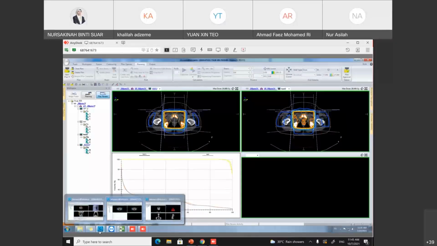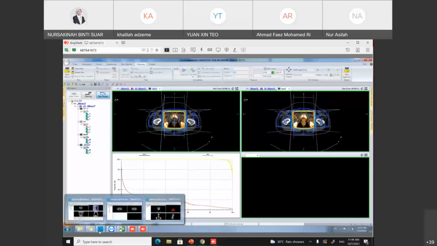It means the effectiveness is still there compared to 2 gray per fraction. So that's why now, for the breast, 40 gray in 15 fractions is a CA breast prescription. Those days we used to prescribe 50 gray in 25 fractions, which is 2 gray per fraction.